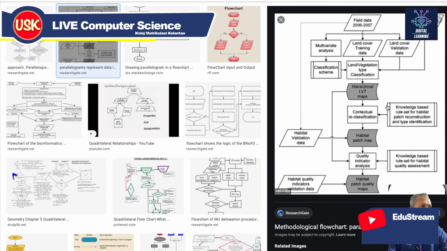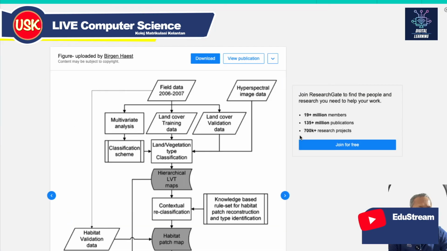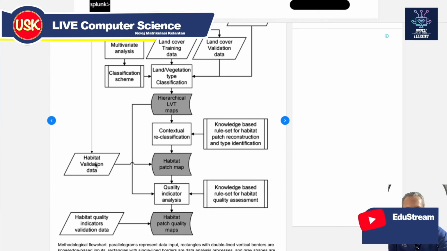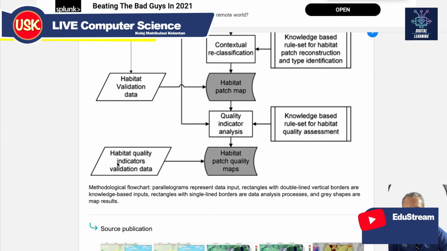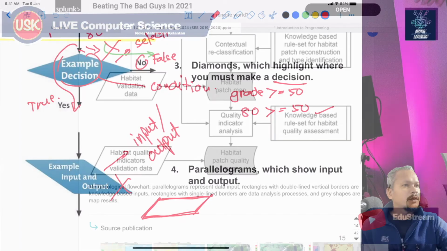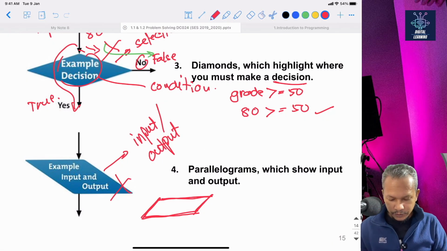We can see here, data, validation data, quantity indicator. So this note we need to make some correction. So the shape of a parallelogram is like here.